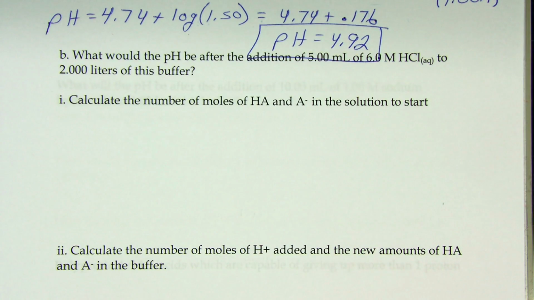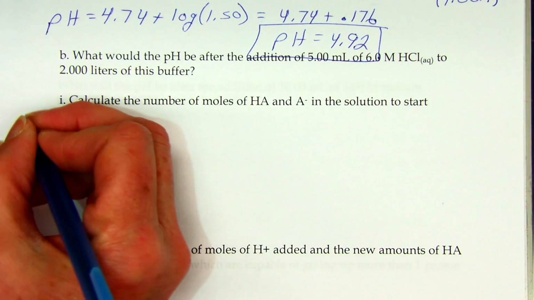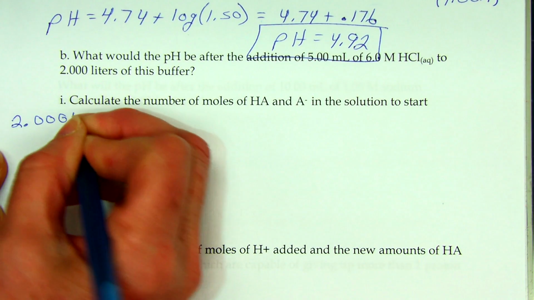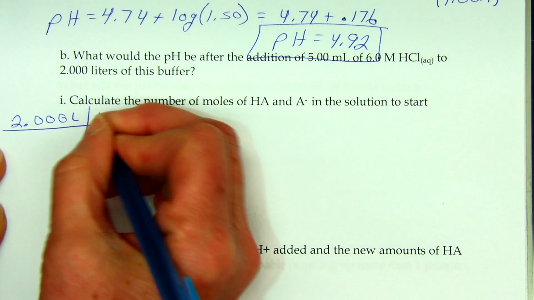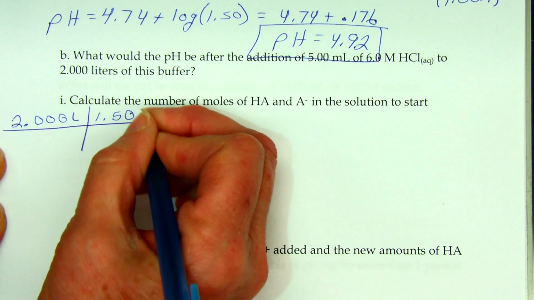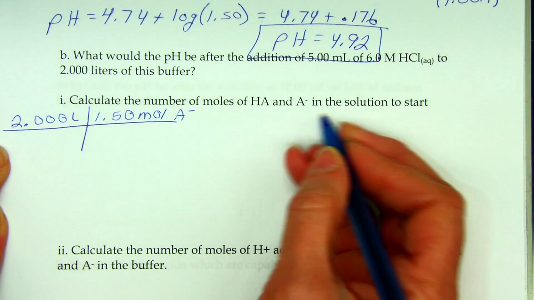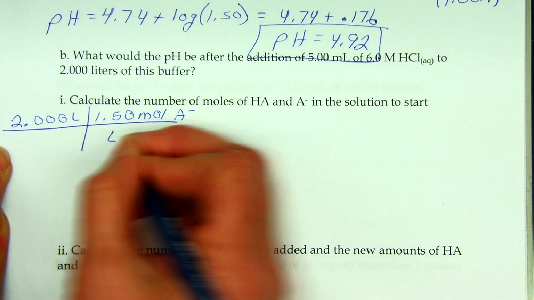Okay, so first of all, I'm going to figure out what am I dumping in this solution? Well, I have 2 liters of solution, 2.000 liters. And in that solution, I have 1.50 moles of my A-, my salt, my acetate ion, per liter.